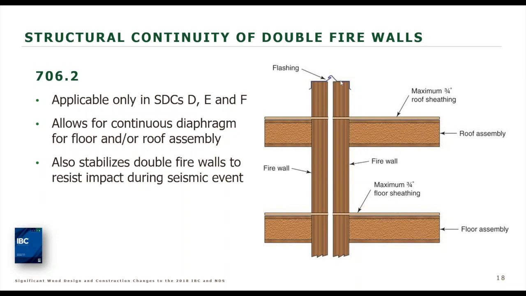And what happens is these firewalls, we know, need to be structurally stable from the roof to the foundation so that in the event of a fire, if there's a fire on this side, this firewall protects it from expanding to the other side, because we're treating these two sides of that firewall as two separate buildings. So that's why it needs to be structurally stable, and there's a separation here.